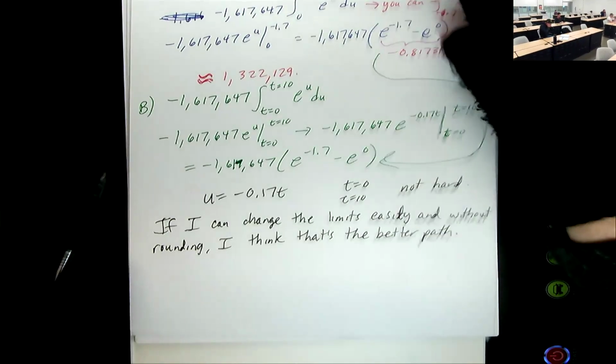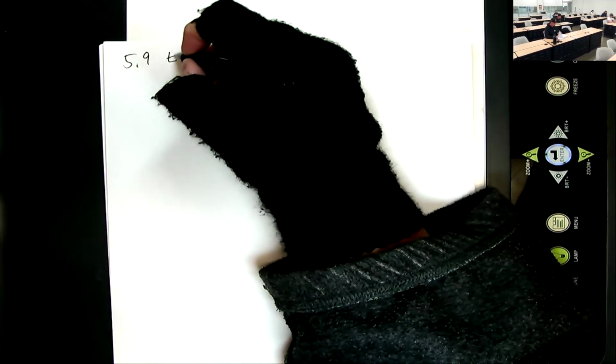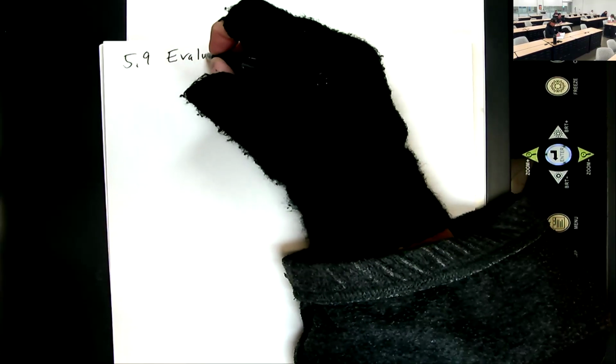Alright, let's get to the fanciness of 5.9. We did a little intro to it, but 5.9 is on evaluating definite integrals with substitution.